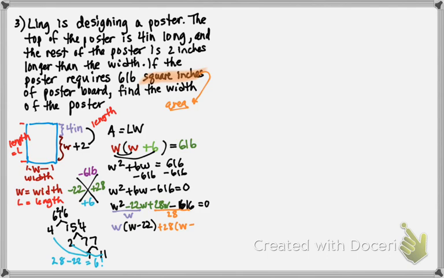Oh, that's not right what I'm doing. Let's try that again. Okay, so 28 and 616. If I take away 28 from 616, I pull out a 28, I am left with 22, so I get W minus 22.